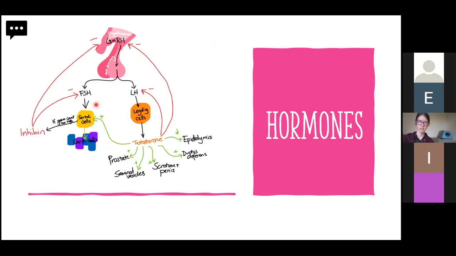Then your FSH is involved in actually making the sperm, so the cells. Same in females too, in that FSH is important for starting the egg process. So that's all important for starting the process. And so they go into Sertoli cells, which help. If the sperm count is too high, the Sertoli cells will secrete inhibin to inhibit the FSH and the GnRH. So you don't just make massive loads of sperm.